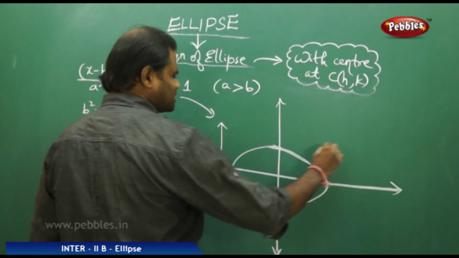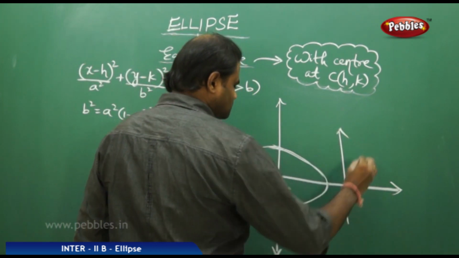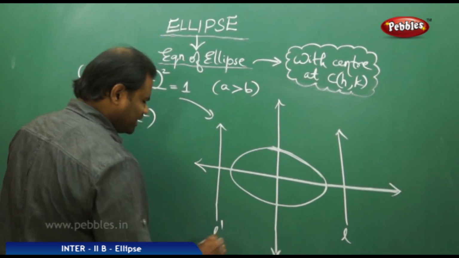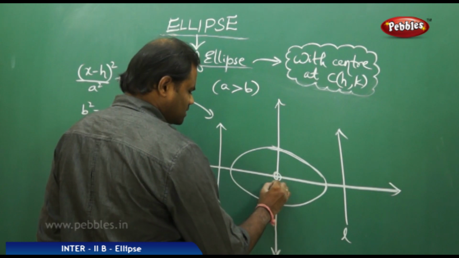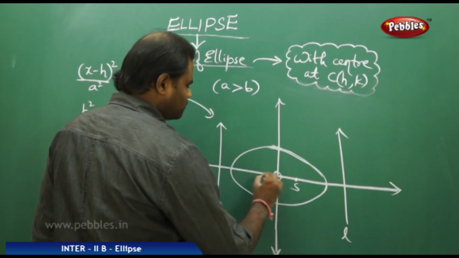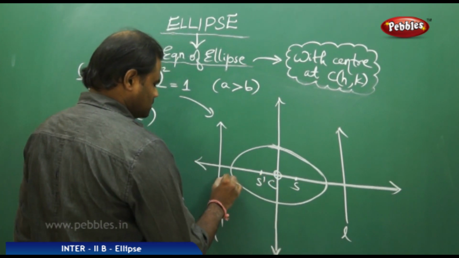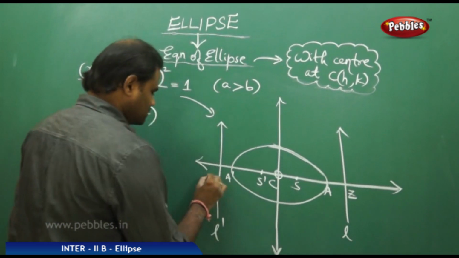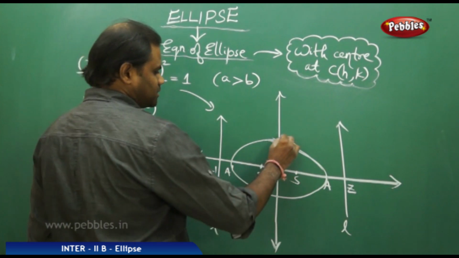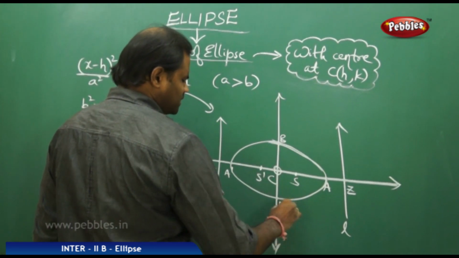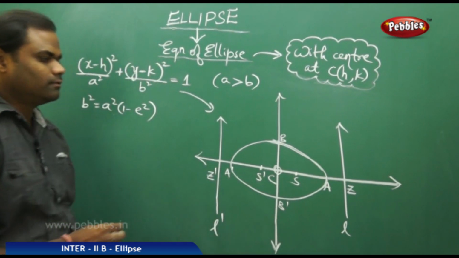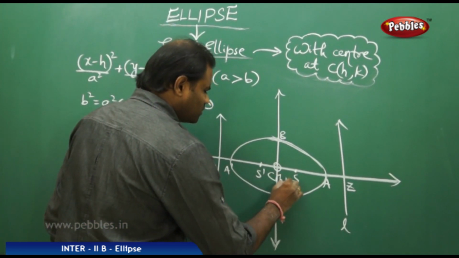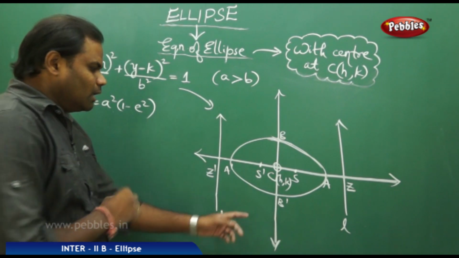with directrices L and L dash, and this is the center, these are the foci, A A dash, Z Z dash, B B dash, and here is how we get each of them. The center of the transformed equation is (h, k).